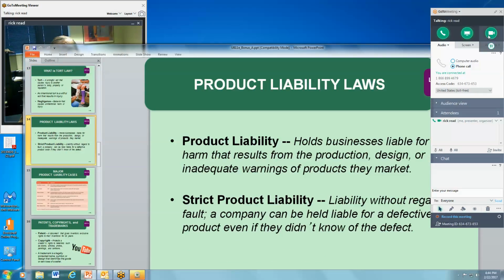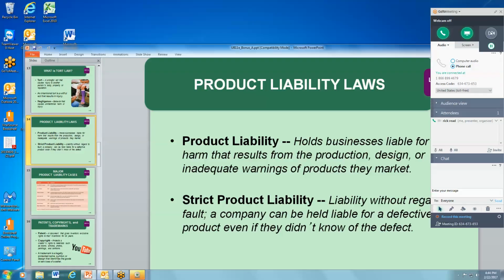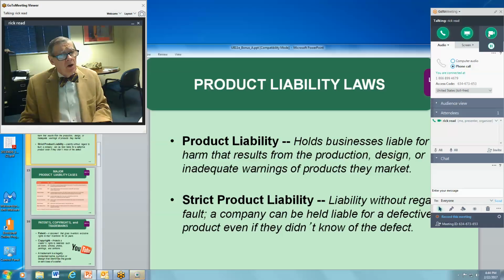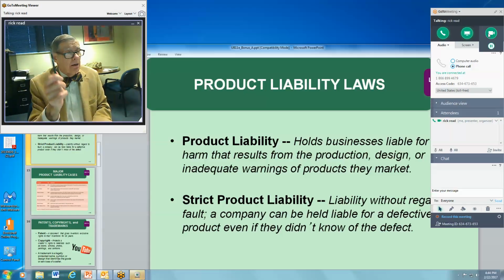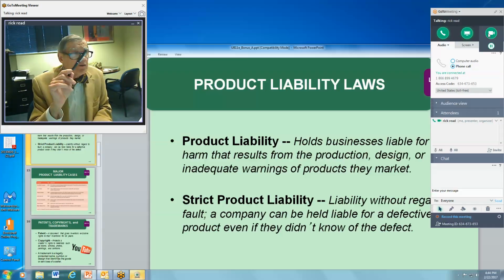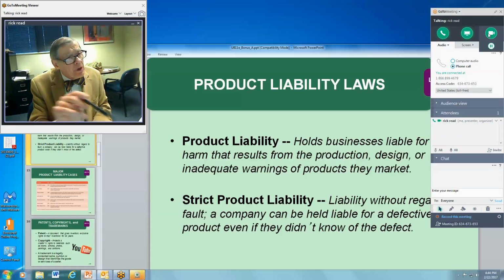Now, what we have on the slide are product liability laws. And the product liability, notice, holds the businesses liable for the harm that results from production, design, inadequate warnings, etc. Strict product liability, on the other hand, goes a step further, and it is liability without regard to fault.